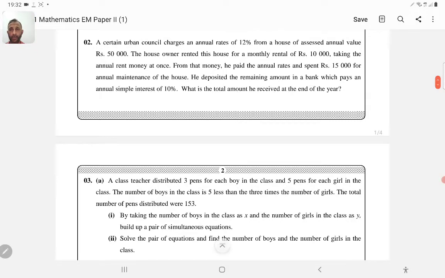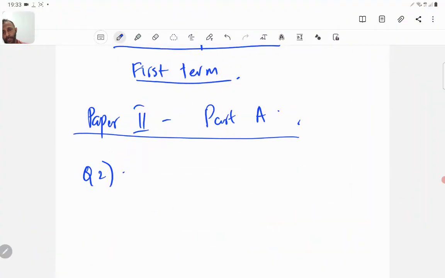Why I picked question 2 is that it is all about rent, rates and interest. Sometimes the approach given to students for these questions is slightly cumbersome, so I thought of making the matter simple. A certain urban council charges annual rates of 12% from a house of assessed annual value of 50,000.